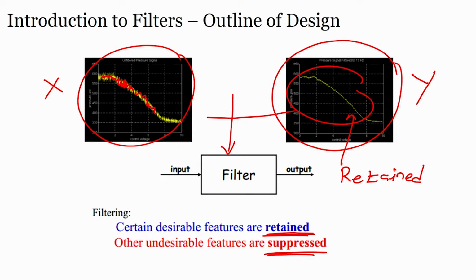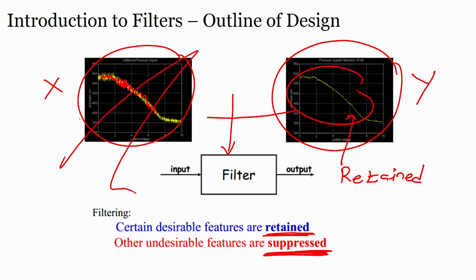That means we have suppressed the spikes, our undesirable features. So, with the help of a filter we can retain the desirable signal and suppress the undesirable signal.